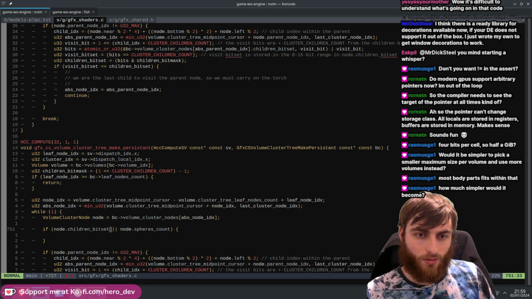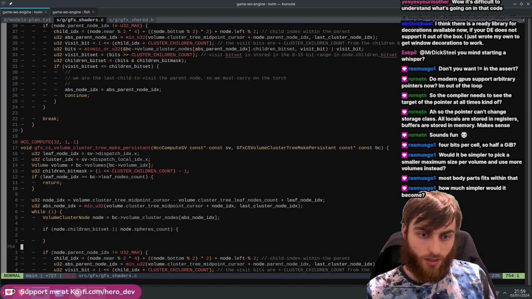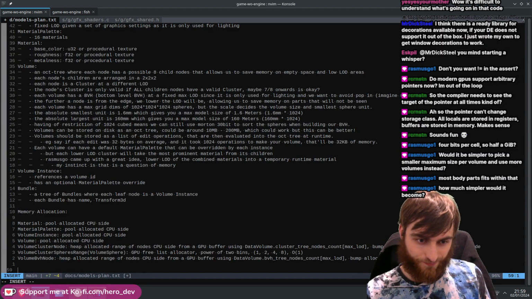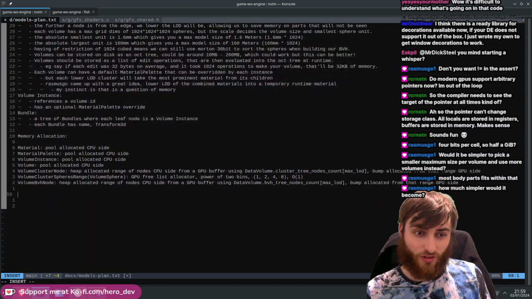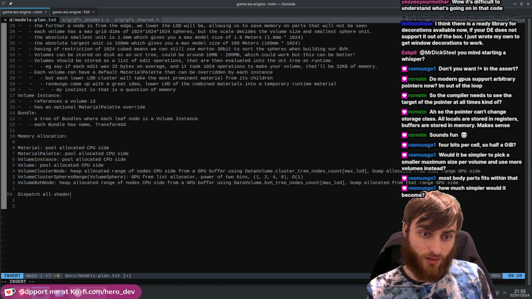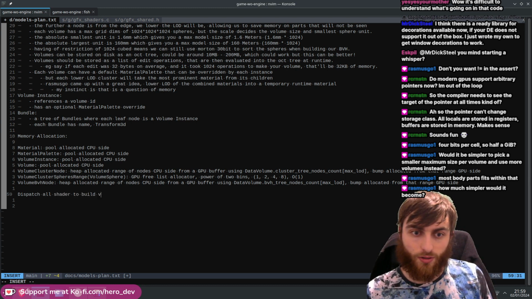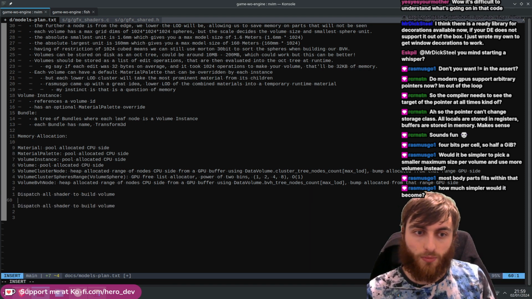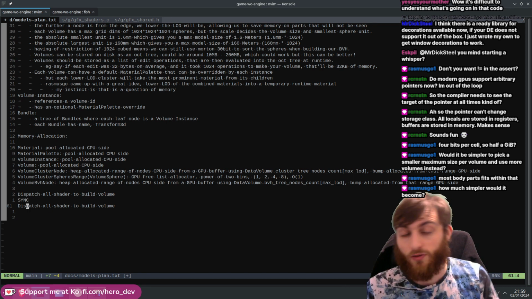Yeah. So this means when we dispatch our shaders, we can essentially just dispatch all shaders to build a volume, right? It will probably have like 5 shaders or whatever, and then we can put some sync between it and then do another one.